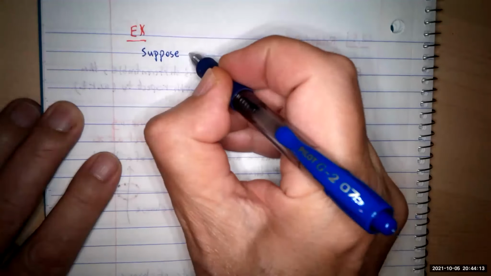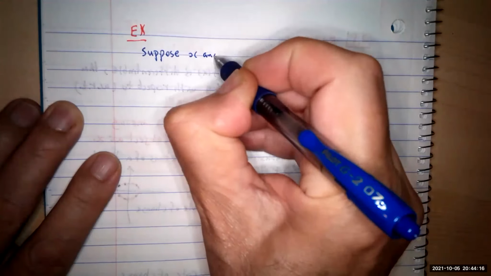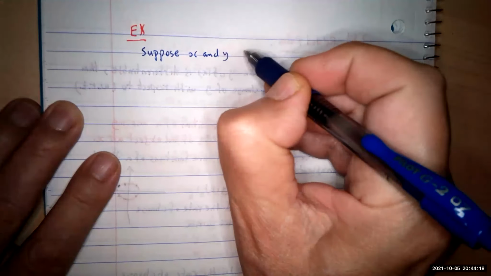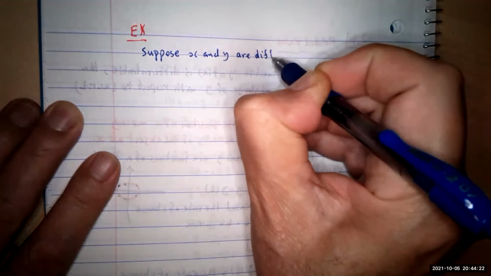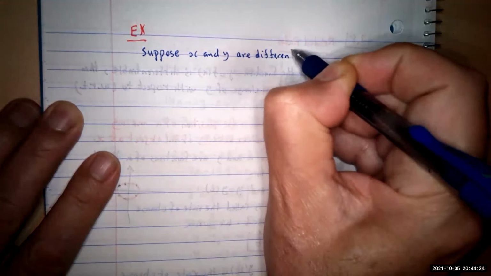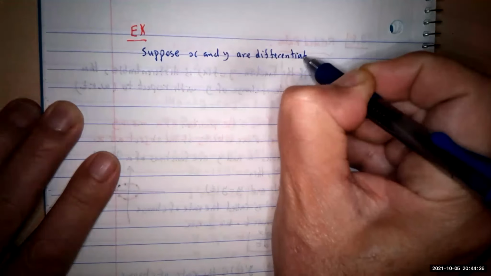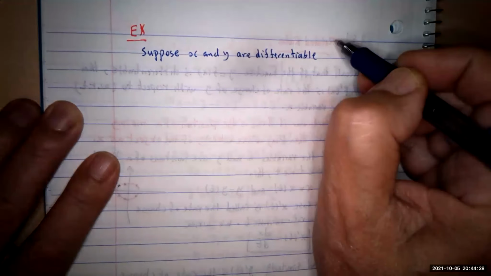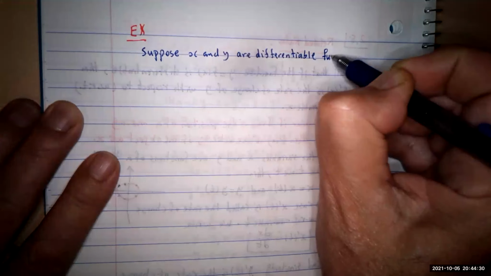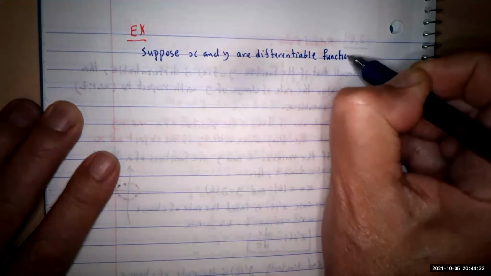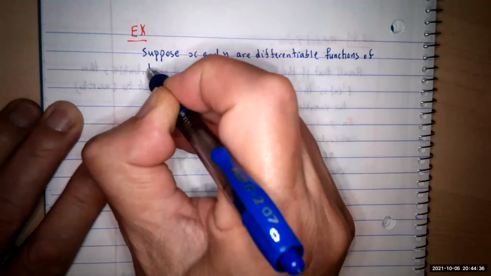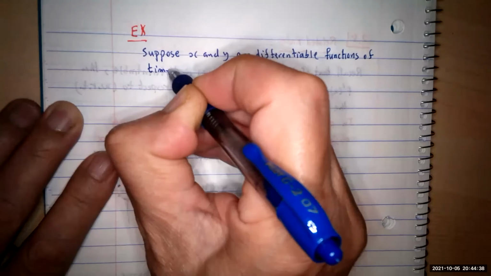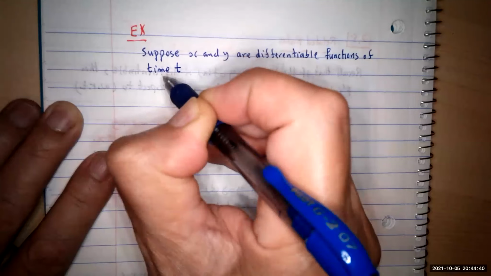Suppose x and y are differentiable functions of time t. They have to tell you, otherwise you just treat it as a normal one.